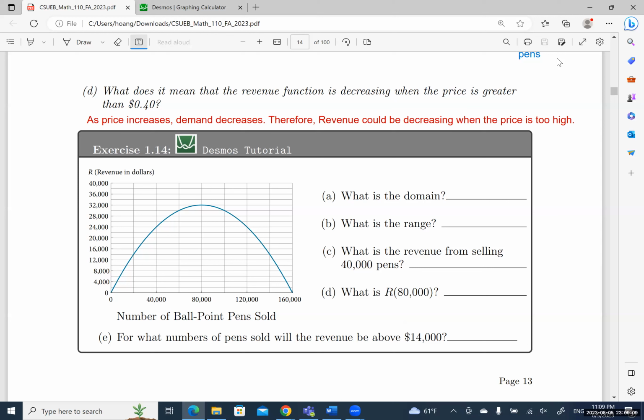Okay, so now for this problem, we can find the domain. What is that from the horizontal, right? It's going to be the horizontal. And what is the range going to be?